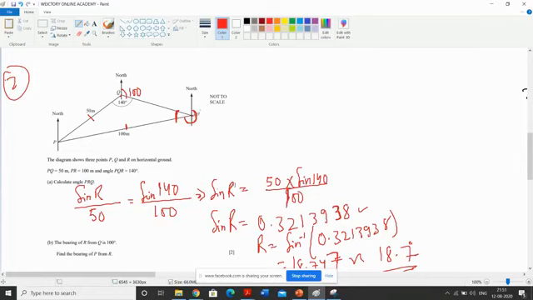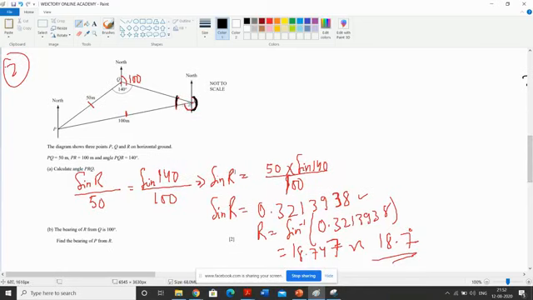So how can we find it out? We know this angle is 180. This angle we already found out. How can we find this particular angle, the bearing of P from R?